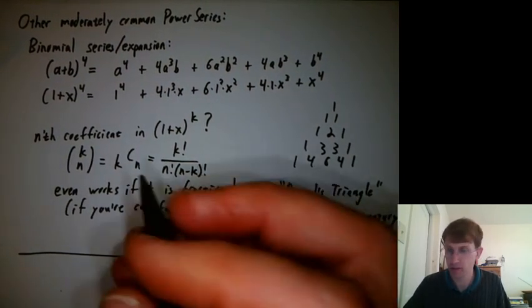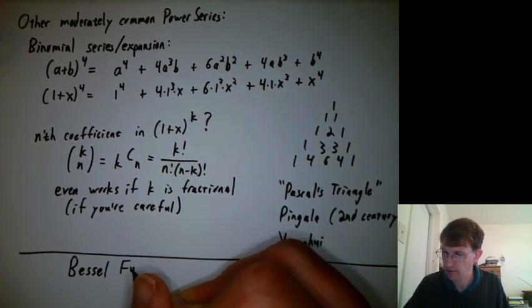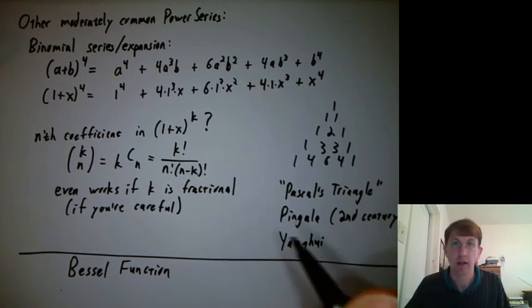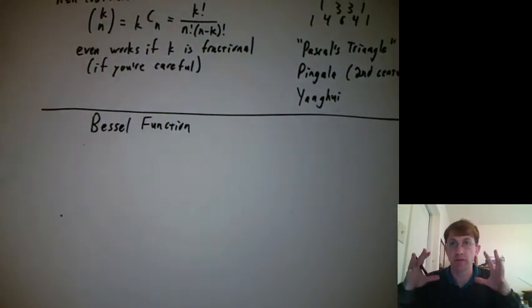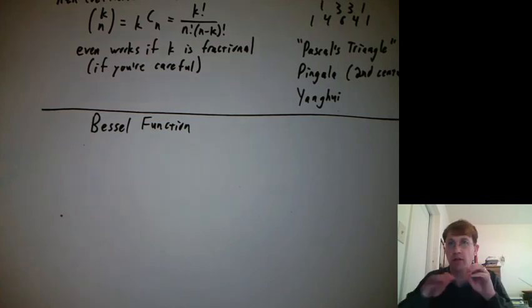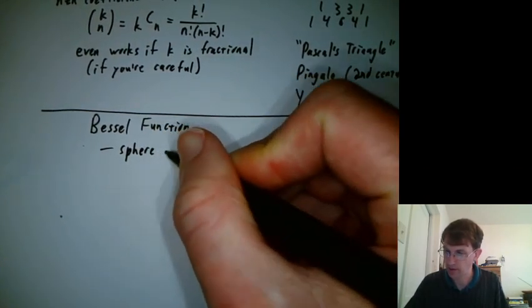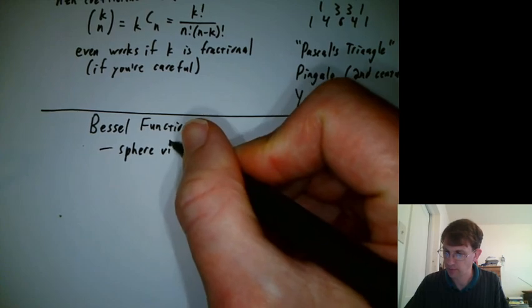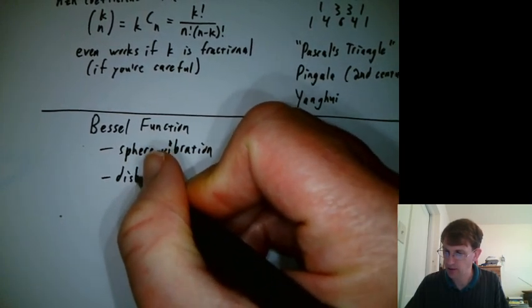Another one that we'll talk more about later is called a Bessel function. Those are commonly used in vibration problems involving spheres vibrating. Like if there's an earthquake, the waves from that propagate around the world and kind of make the entire sphere shake. So sphere problems, sphere vibration, and disk vibration.